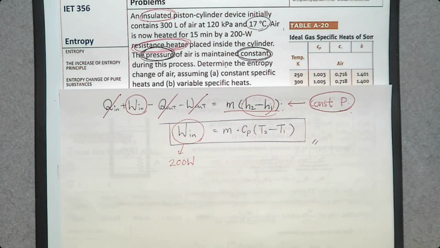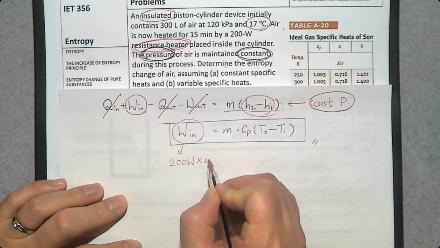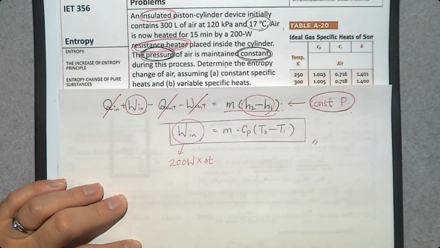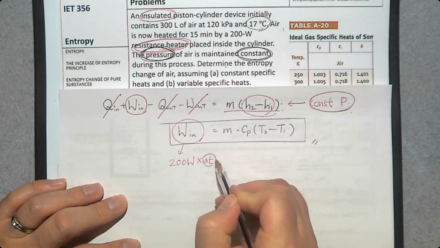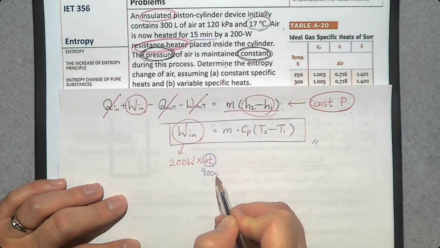Then how do you get the work from the power? Multiply by the time, delta t. What is the delta t? 15 minutes, which is 900 seconds.